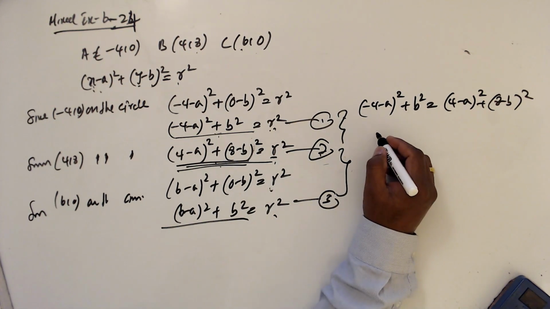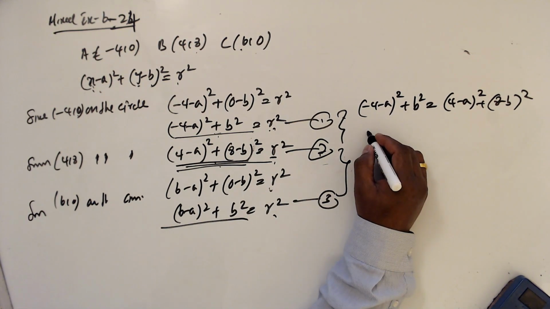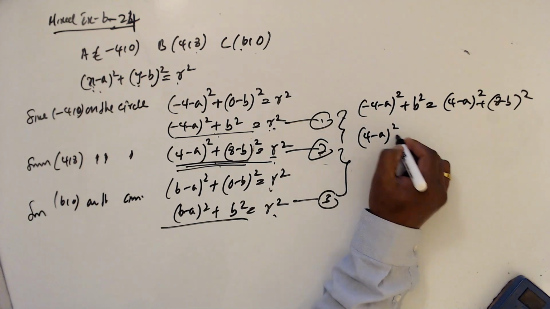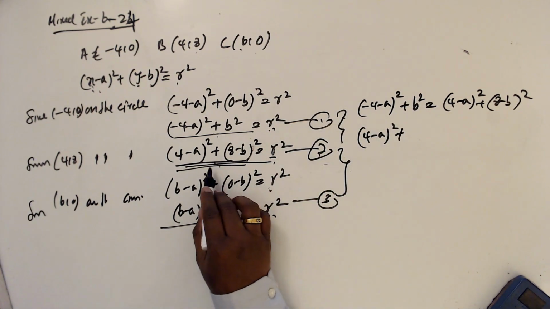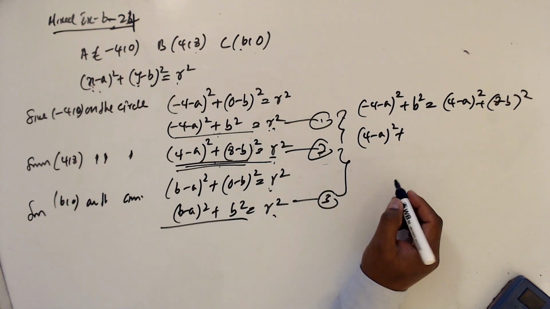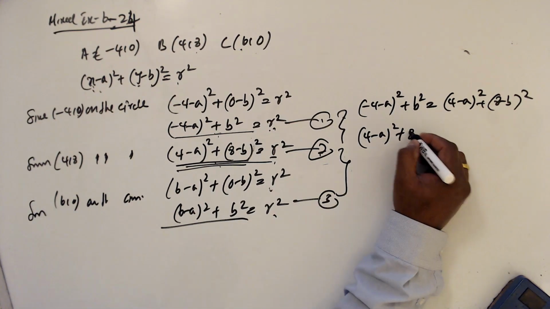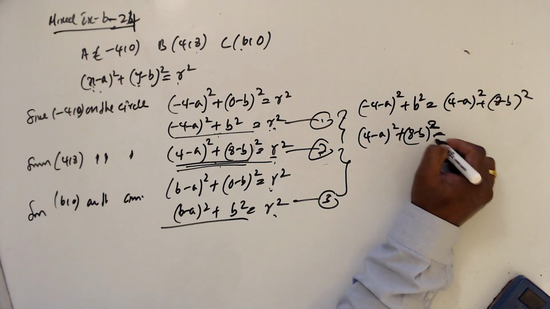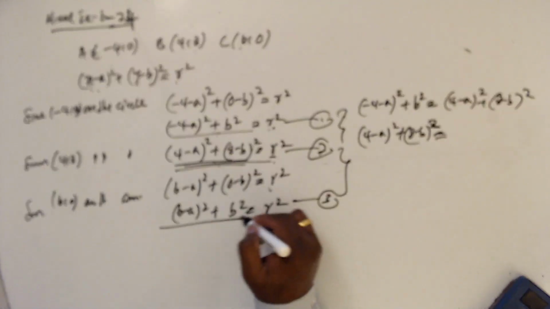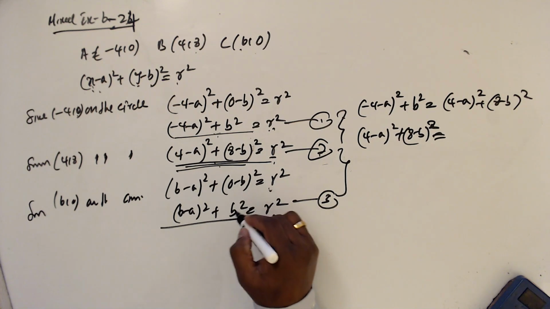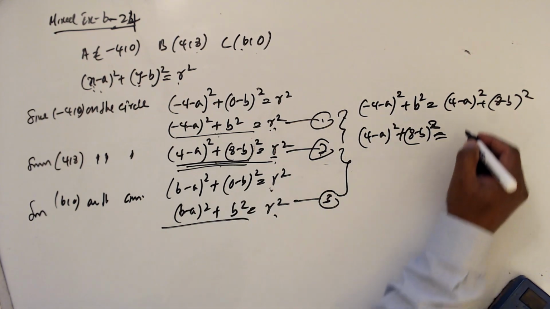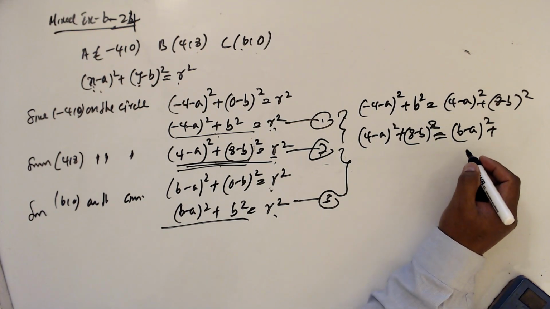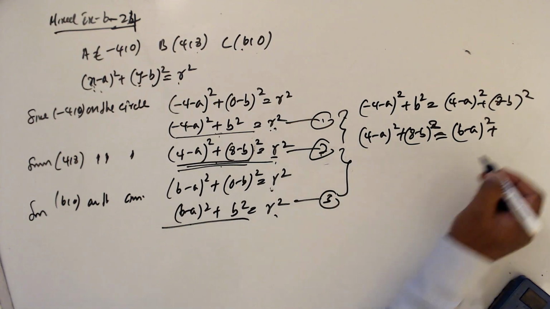Then I can write (4 − a)² + (8 − b)² equals (6 − a)² + b².